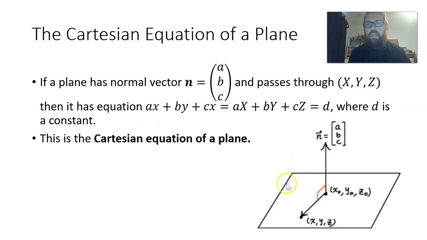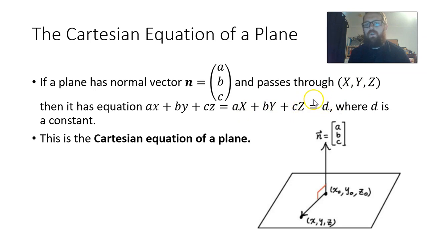Then this plane has an equation ax plus by plus cz. All right, cz, not cx like I wrote, so I've just changed that. And what that equals is a constant number, and that constant is going to be that a times that x coordinate plus that b times the y plus that c times that z.